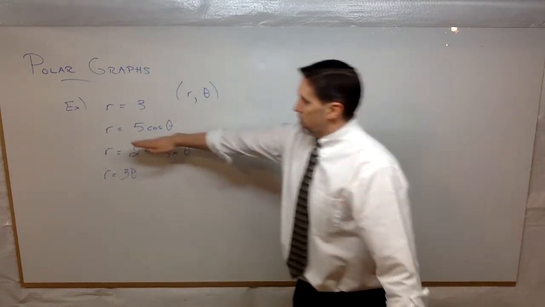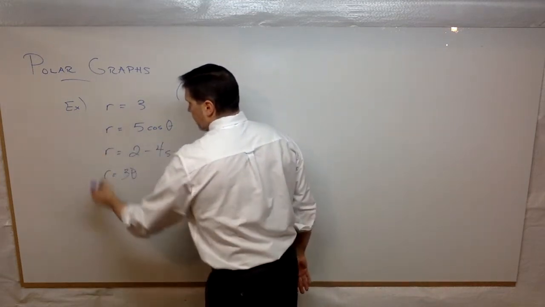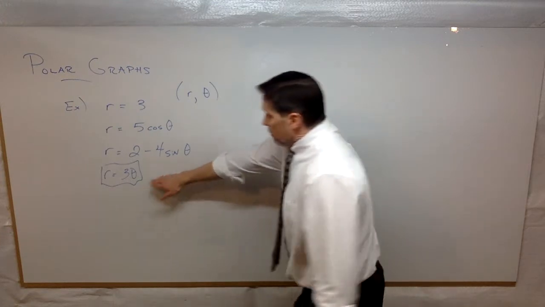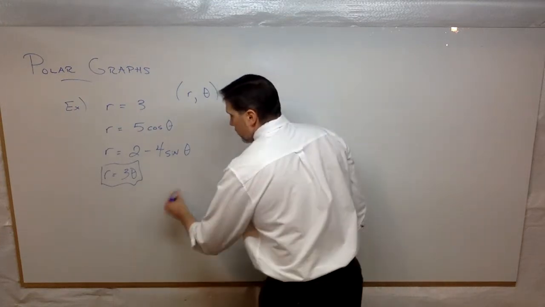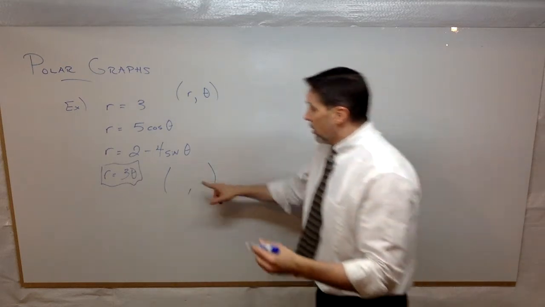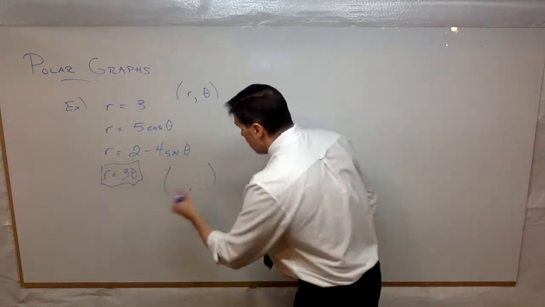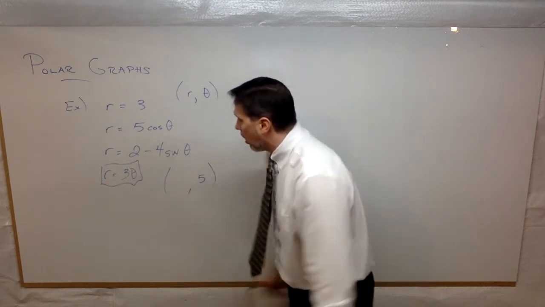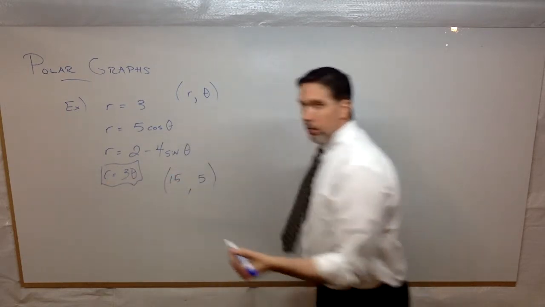So if we were to take this one, for example, maybe this one would be an easier one to start with instead of the trig. For example, if theta was, and this seems kind of backwards from what we're used to, if theta was 5, our r coordinate would be 15.